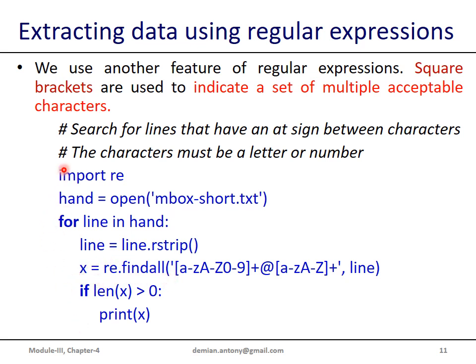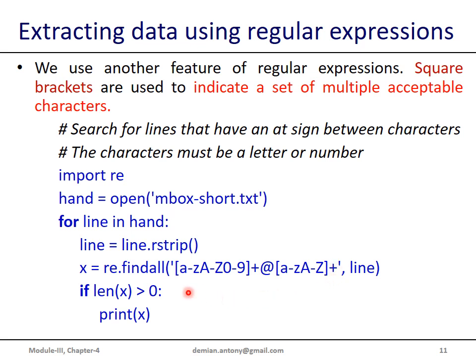The rest of the program segment remains the same, only we have to change the regular expression. Definitely we need an at symbol, and there should be at least one acceptable character, so we use a wildcard character plus, and here also for the domain name we need to use a wildcard character plus. There should be at least one acceptable character.